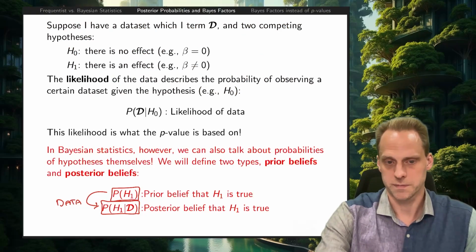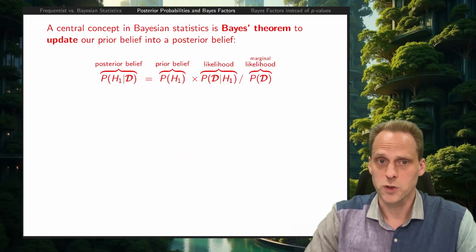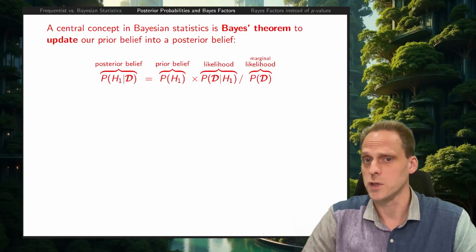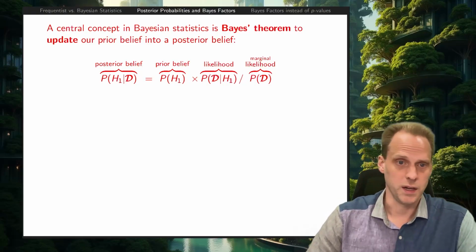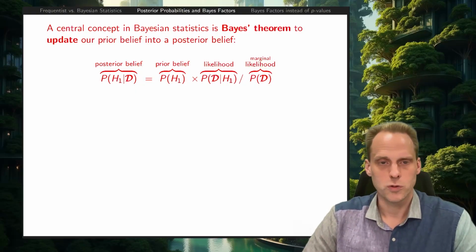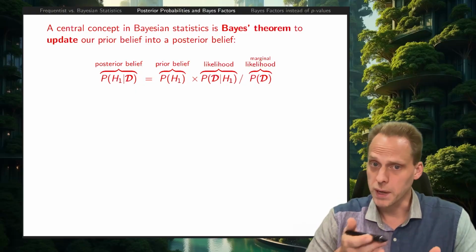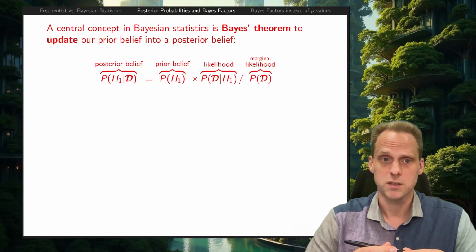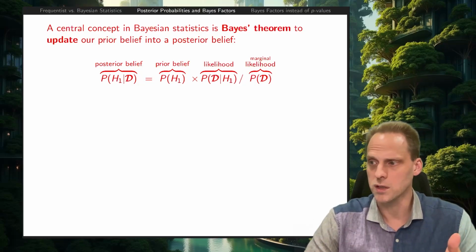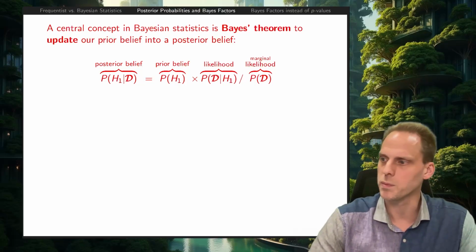Still low, right? Subjective, but increased. Now, how do we do this? A central concept in Bayesian statistics is that Bayes' theorem can be used to update this prior belief to posterior belief. And this is a formula. If you go back to my lecture on probability, where I explained these terms: the probability of A, the probability of B, the conditional probability, the marginal probability.